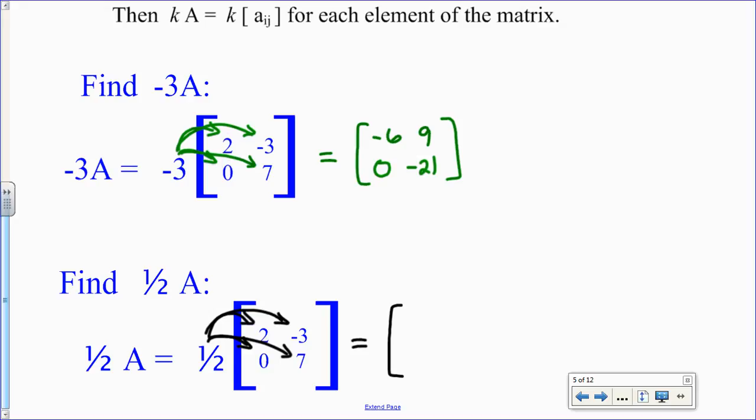Keep your answers as fractions. You're multiplying by a fraction, so keep your answers as fractions. Okay, so 1/2 times 2 is 1. And then negative 3/2, 0, and 7/2.